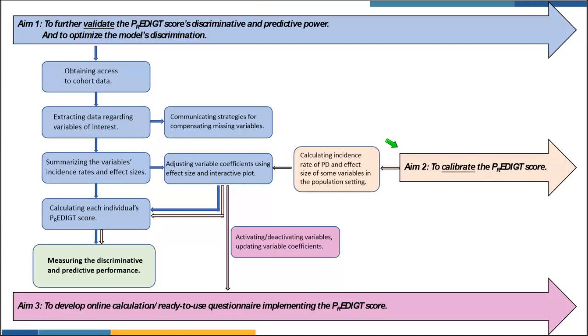The other aim is to calibrate the model. We need to calibrate because right now all we use are clinical trials and cohorts, where researchers and scientists recruit a group of people, either PD patients or healthy controls. But the risk reflected in these cohorts may not be the same as in the general population. Say we have a survey in Ontario or in BC.